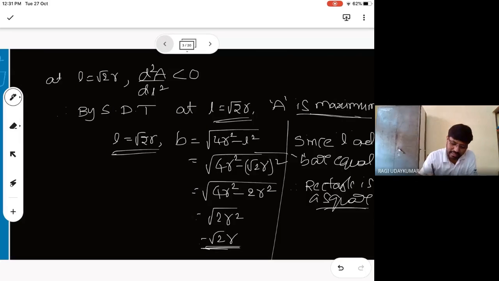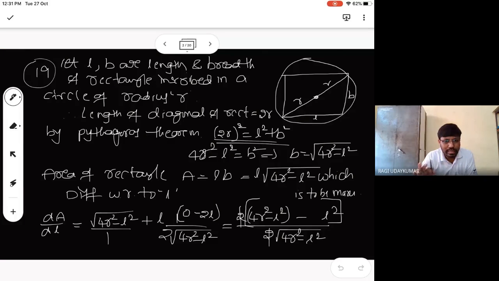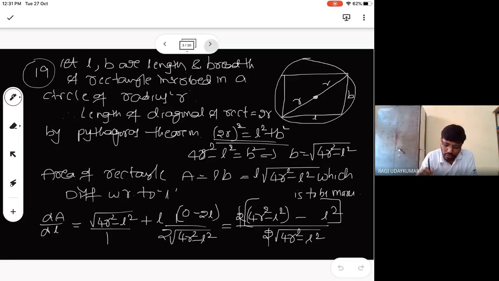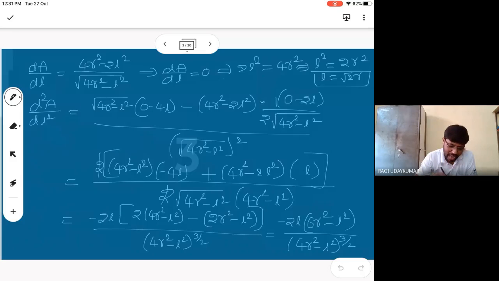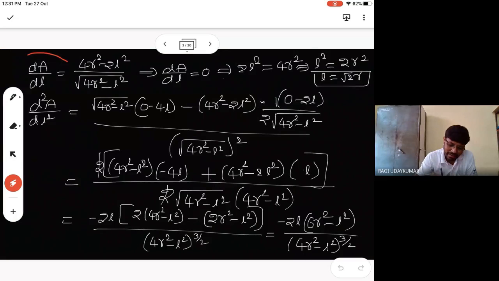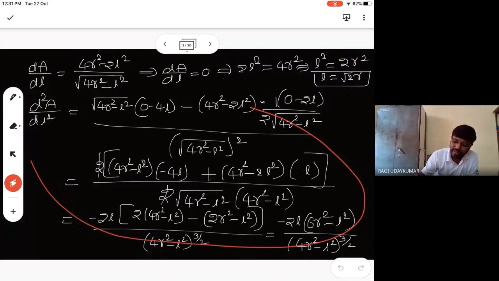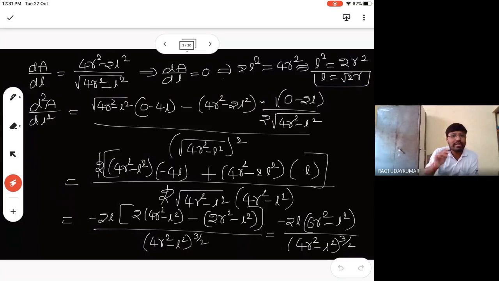Did you understand the question? It is in about 3 pages, so it can be a little confusing, but the procedure is the same. Actually, you can do one thing here. After finding dA by dL, when you take dA by dL equal to 0, L equal to root 2R came, so all of this is not really required, because you are getting only one value. Obviously the question is given to you as maximum.